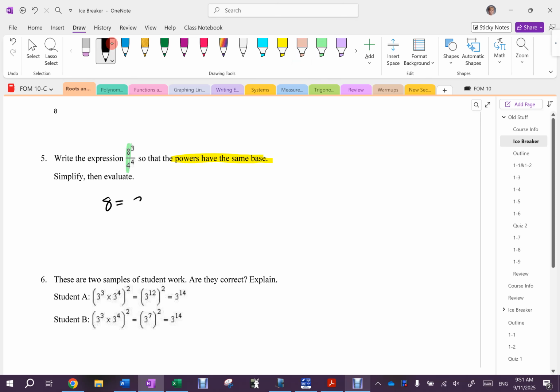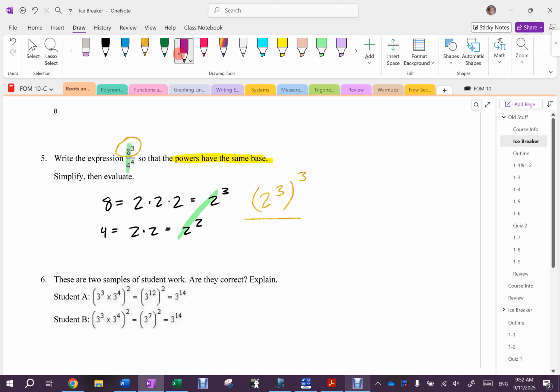8 equals 2 times 2 times 2, which is 2 to the third power. 4 equals 2 times 2, which is 2 squared. So now they both are the same base. So this one is 2 cubed because that's 8, and then it's cubed.